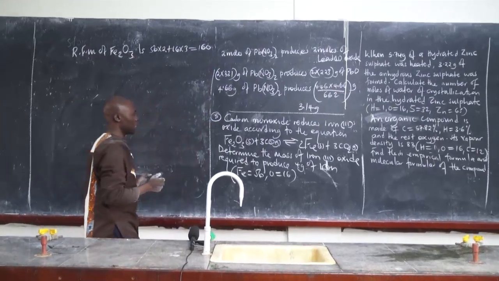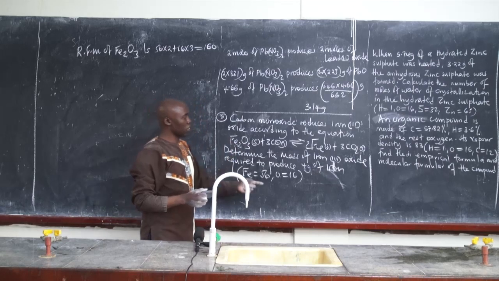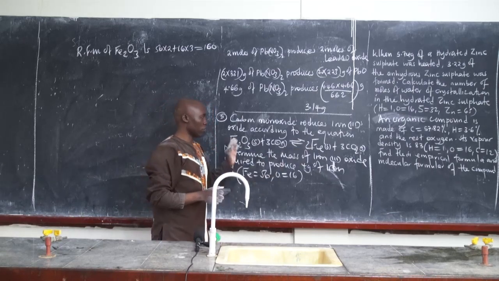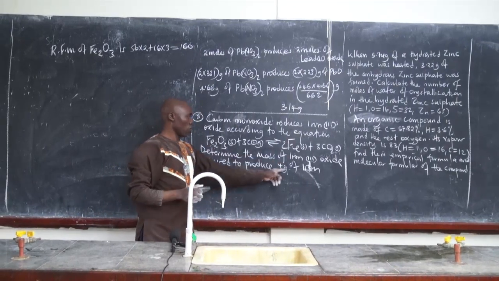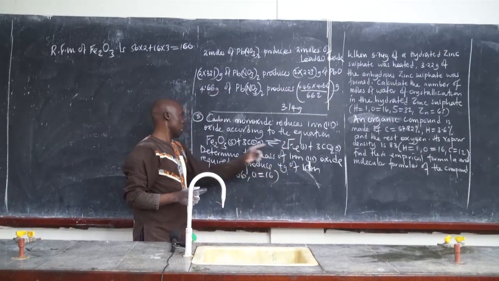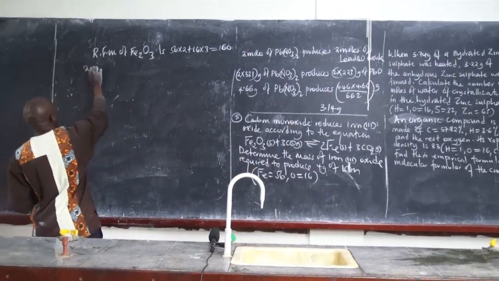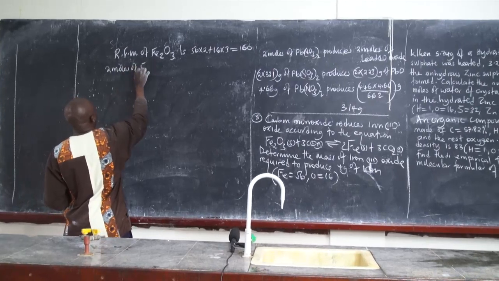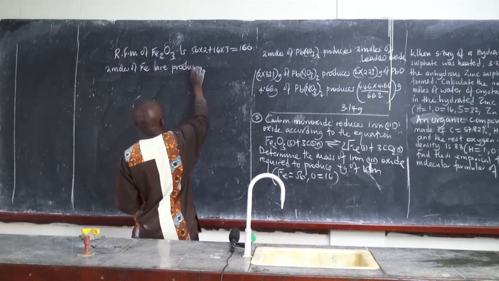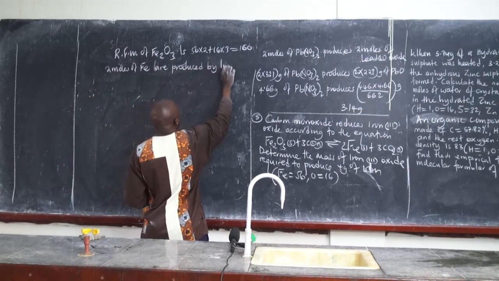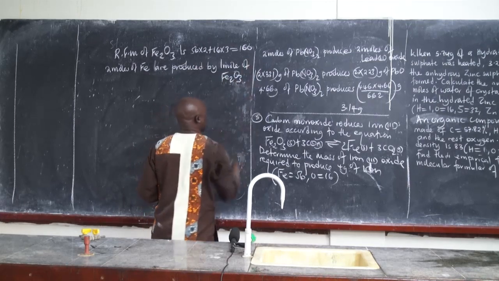Since the quantity being required is this one, I start with the other side. Don't start with this one because I have been given 4 grams of iron. So I'll say 2 moles of iron are produced by 1 mole of iron(III) oxide.